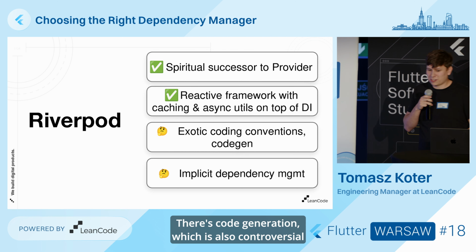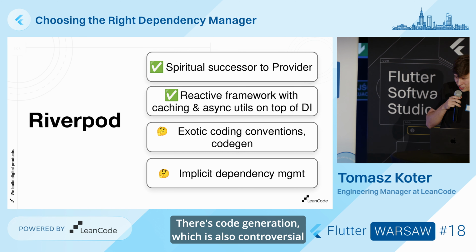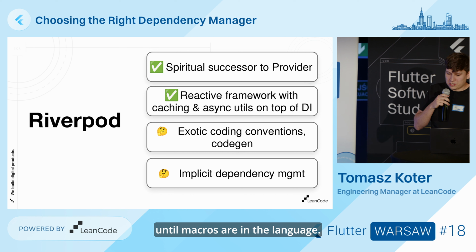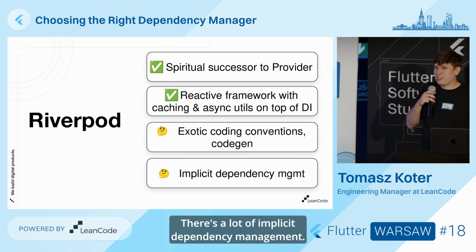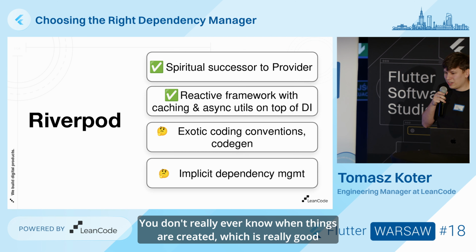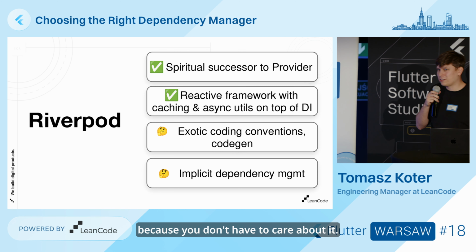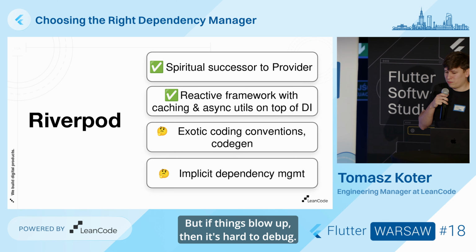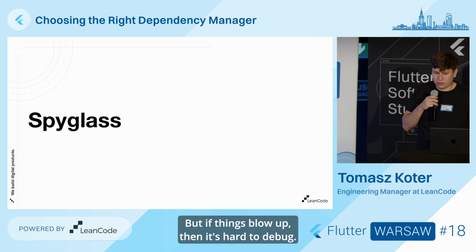And there's code generation, which is also controversial, well, until macros are in the language. And there's a lot of implicit dependency management. So you don't really ever know when things are created, which is really good because you don't have to care about it. But if things blow up, then it's harder to debug.